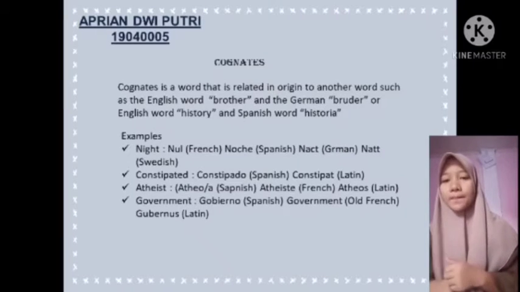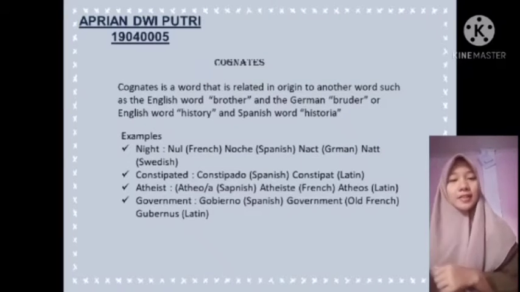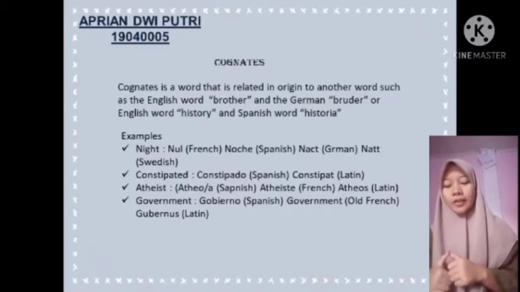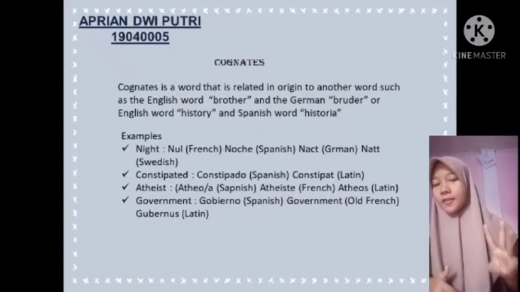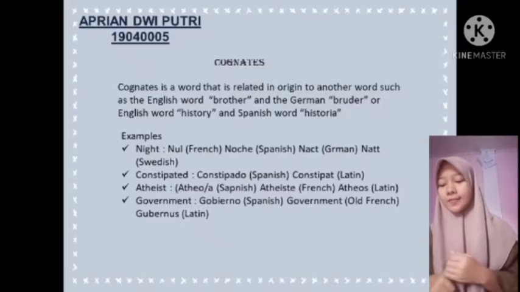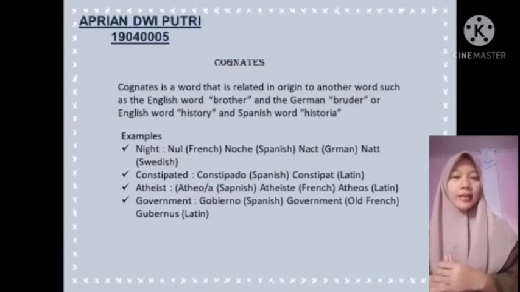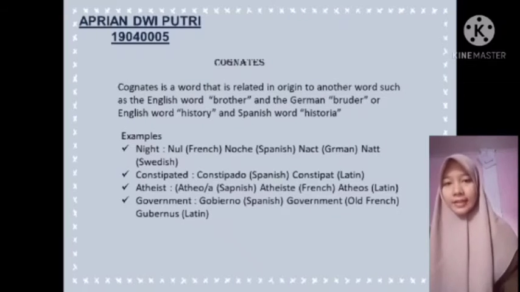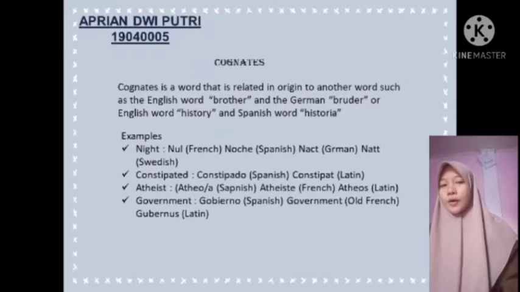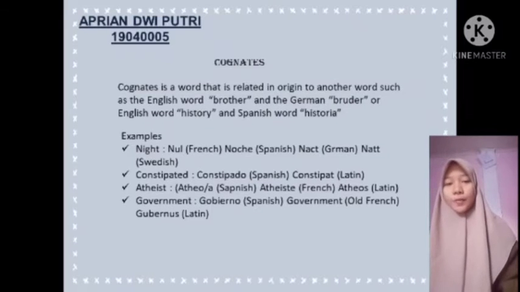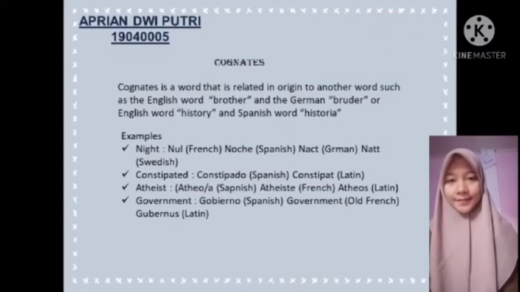The second example is the word constipated, constipado in Spanish, and constipate in Latin. The third example is the word atheist, ateo in Spanish, athéiste in French, and atheist in Latin. And the last example is the word government, gobierno in Spanish, government in Old French, and gouvernos in Latin.